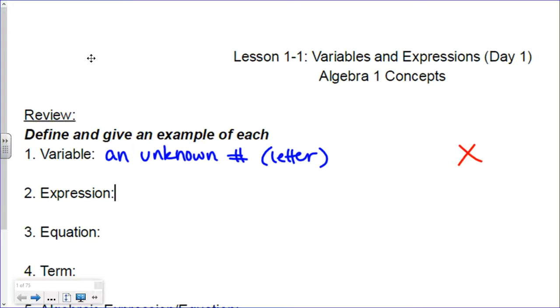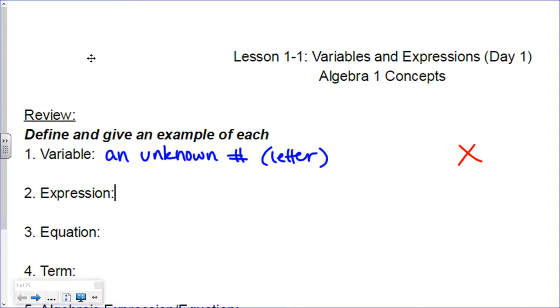So you can see here I'm going to put my definitions in blue. Example in red. Good? Can you tell me what an expression or what an equation is? Any ideas? Could you give me an example of an expression or an equation? I just can't hear you.